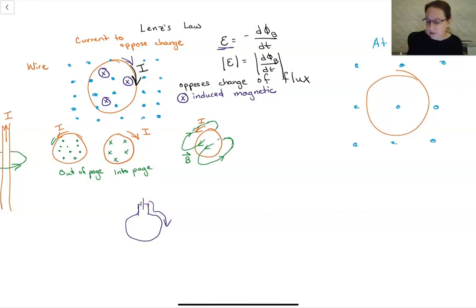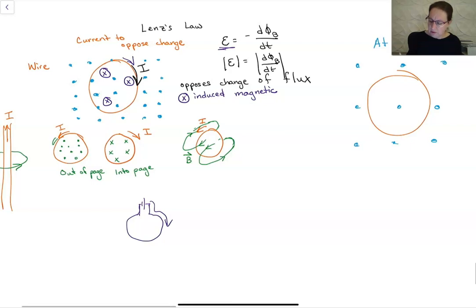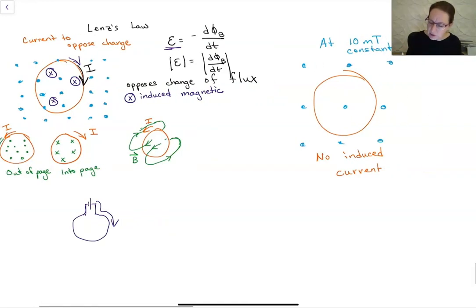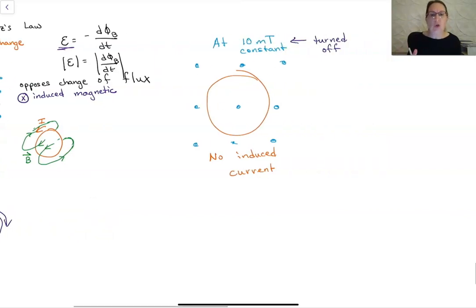Well, if it's constant, there's no current, right? No induced current. It's like when the magnet is just sitting in the middle of that coil. There's no induced current. But let's say something turns it off. So this gets turned off, and maybe it goes slowly, but it starts to reduce down.